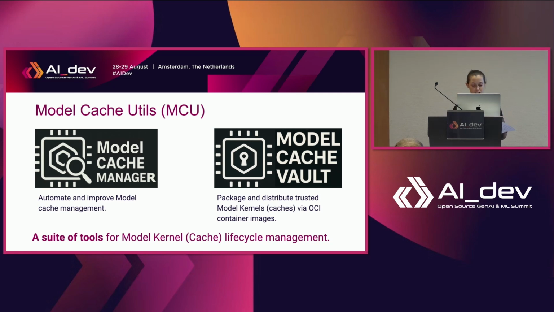It gives you the visibility and so on into those compiled caches. And the other tool set is Model Cache Vault, and its role is to package and distribute the model kernels. We say trusted model kernels because we use signing and other things to secure them via OCI container images.